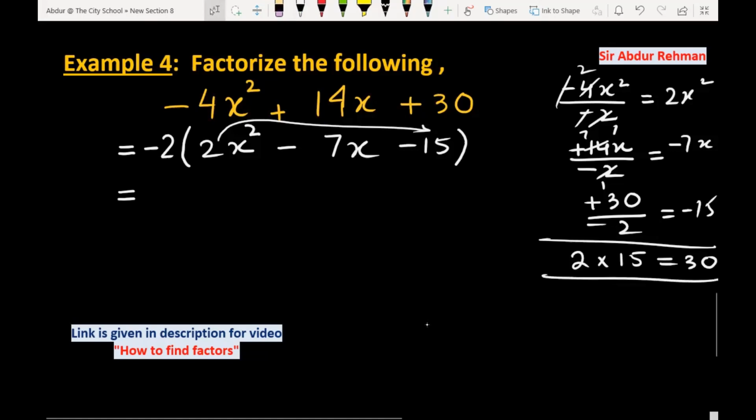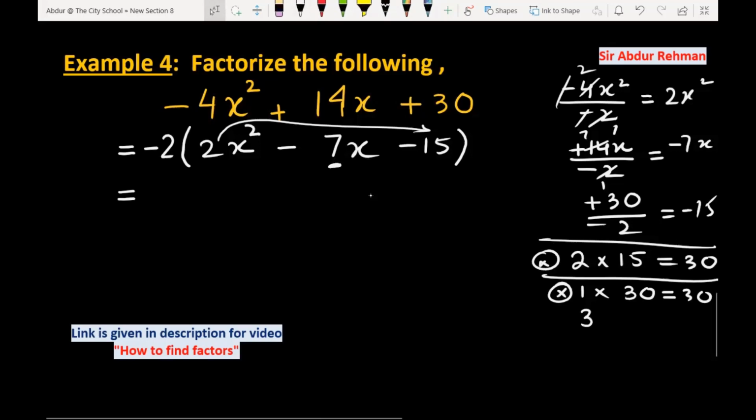So, 1 times 30 is 30, but it is useless because 30 plus 1 is 31 and 30 minus 1 is 29. The middle term is 7 here, so it is useless. 2 times 15 is 30. 15 plus 2 is 17 and 15 minus 2 is 13, but the middle term is 7, so it is also useless.